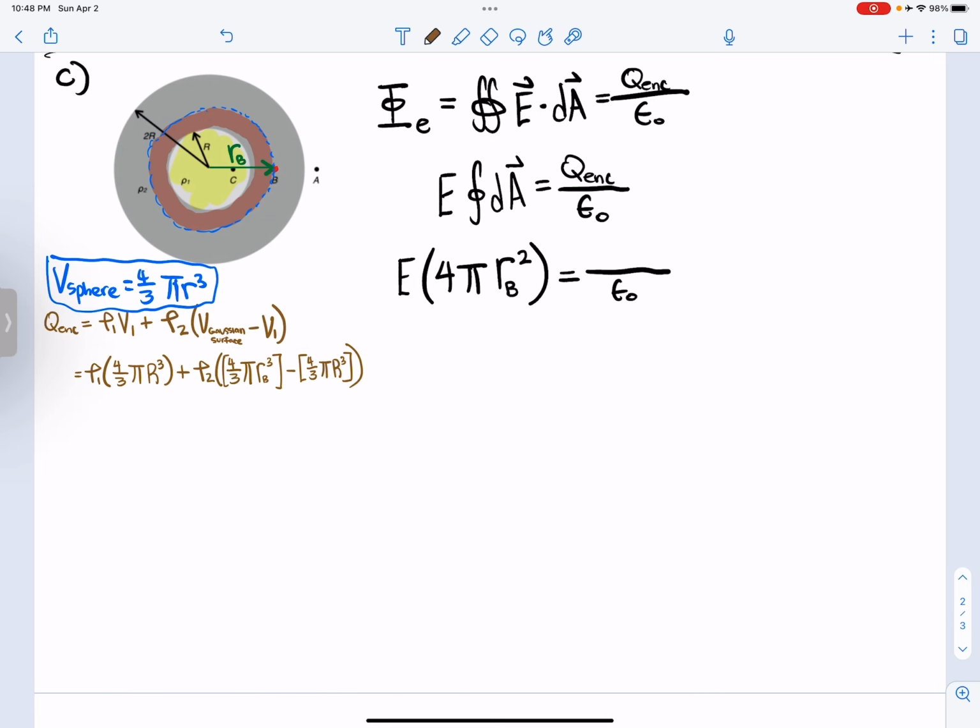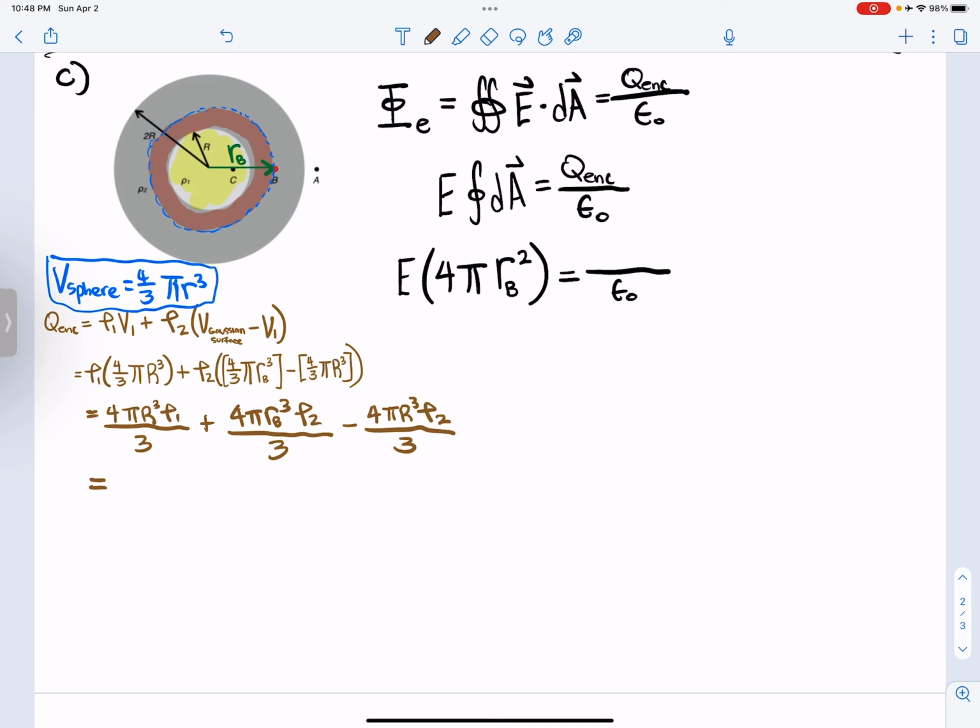All right, so that becomes 4 pi r cubed rho 1 over 3 plus 4 pi RB cubed rho 2 over 3 minus 4 pi r cubed rho 2 over 3.